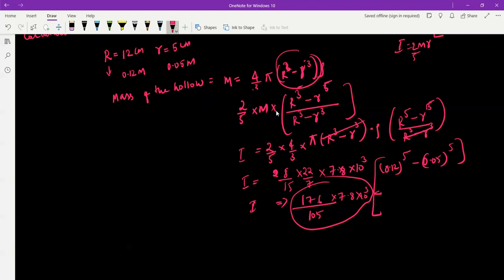Can you just recheck it? 13.07 into 10 raised to 3. Just check it again.